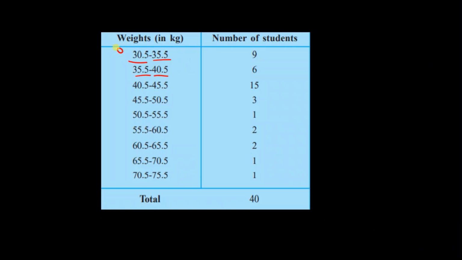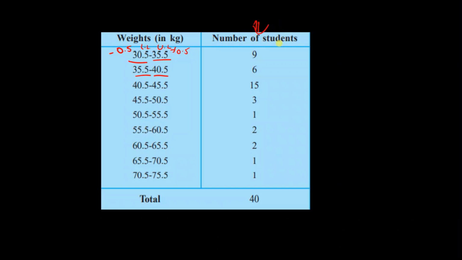Everywhere you can see that we have subtracted 0.5 from the lower limit and added 0.5 to the upper limit. This is how we make the class intervals continuous. Also, the frequency, that is the number of students, does not change.